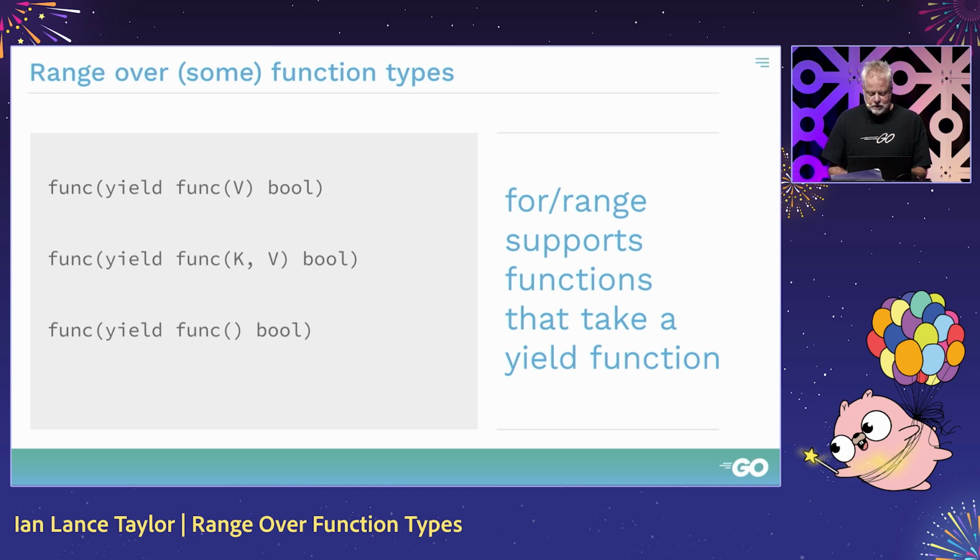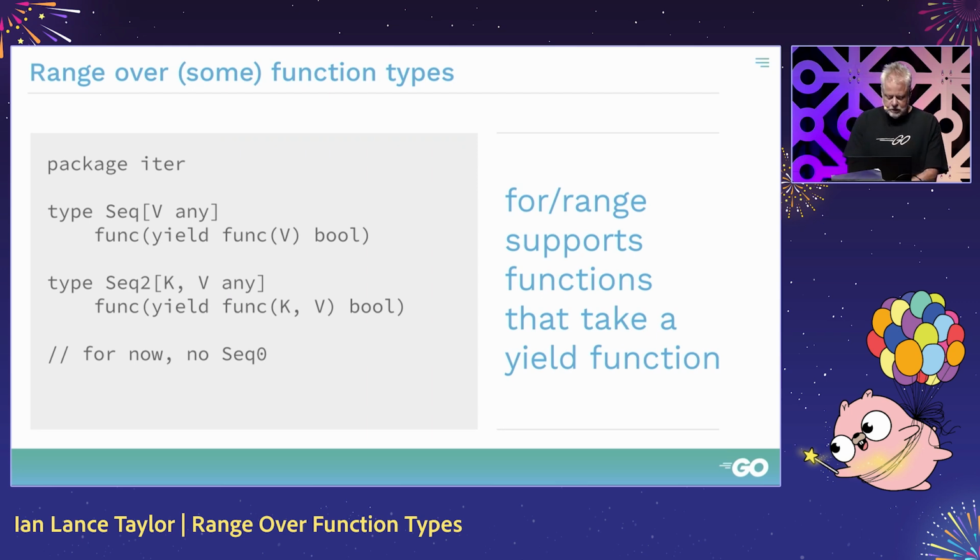As we'll discuss later, there is another kind of iterator in the standard library, a pull iterator. When it is necessary to distinguish between standard iterators and pull iterators, we call the standard iterators push iterators. That is because, as you will see, they push out a sequence of values by calling a yield function.